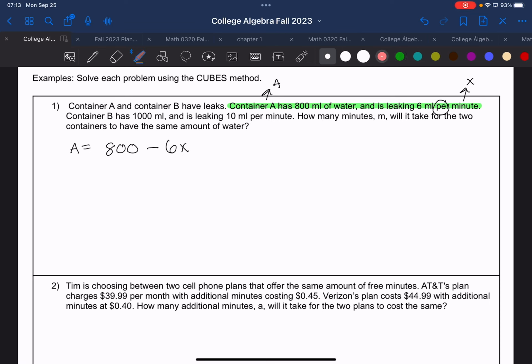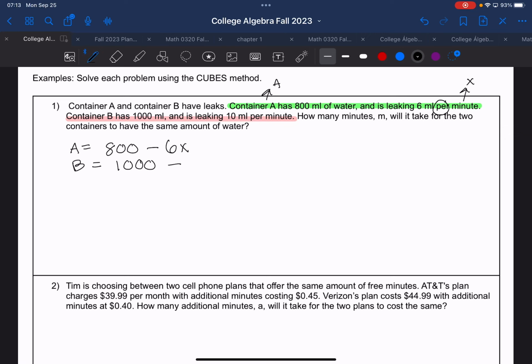It says container B has 1,000 milliliters and is leaking 10 milliliters per minute. So now we're going to do that equation. So we have container B has 1,000 milliliters, is leaking, is what operation?